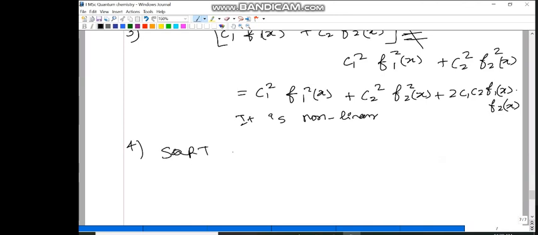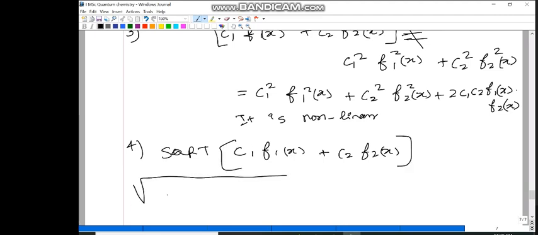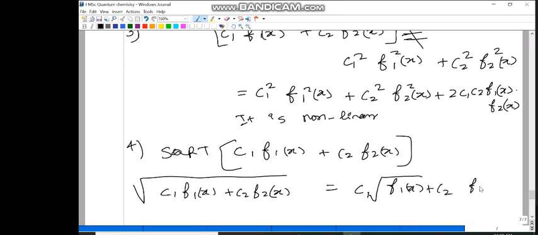Square root of c1 f1 of x plus c2 f2 of x, a function of x. You may take square root of c1 f1 of x plus c2 f2 of x. It may be equal to c1 root of f1 of x plus c2 root of f2 of x.